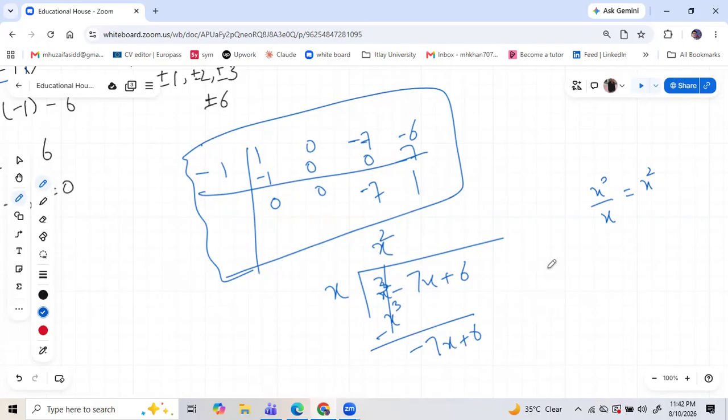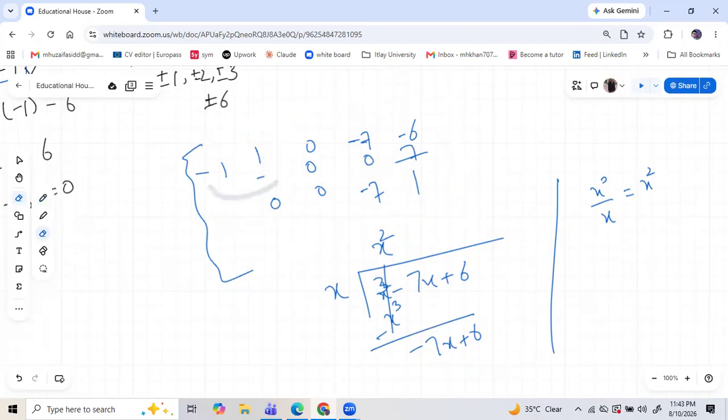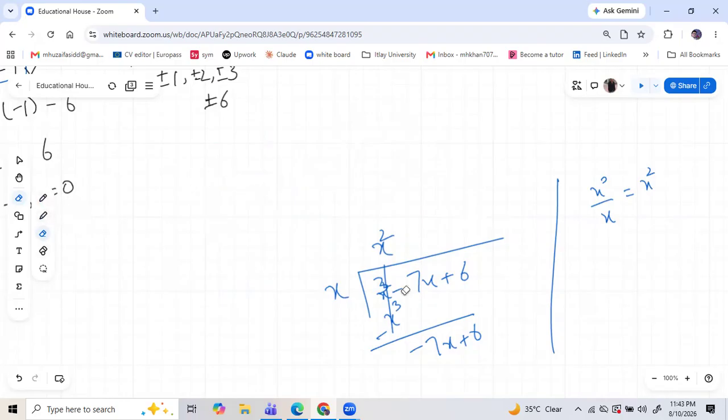Okay, got it? Yes, sir. I'm also doing it on my calculator, just give me a second. Here is some mistake, that's why I'm removing it, and I'm going back to the previous method.